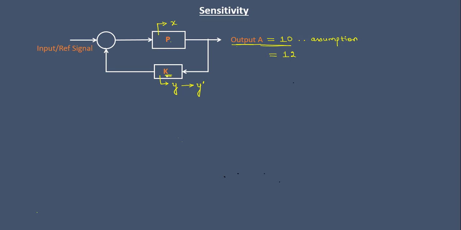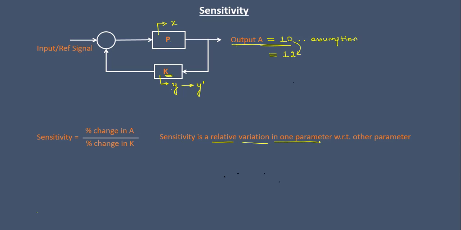Since the value of the feedback element K is changed from Y to Y dash, our output is also changed from 10 to 12. So I can simply define sensitivity as the percentage change in A with respect to the percentage change in K. In a simple definition, sensitivity is the relative variation in one parameter with respect to another parameter.